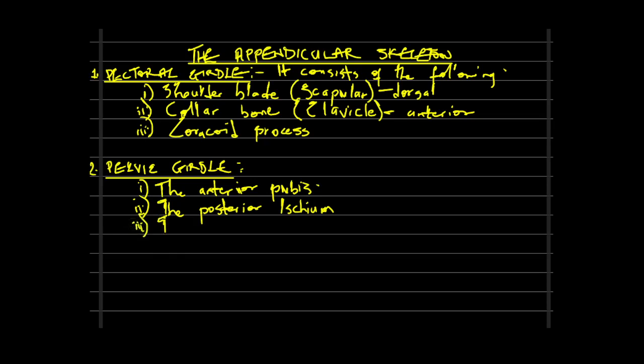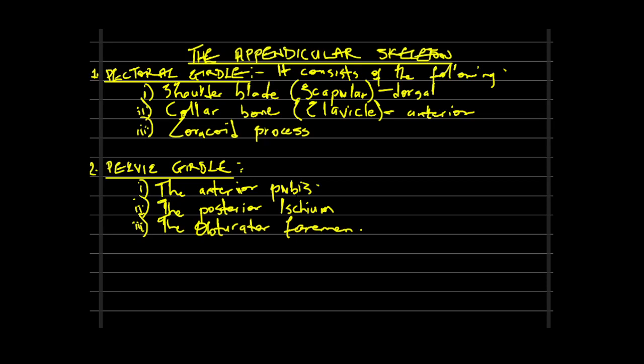And the third one is the obturator foramen. So these are the parts of the bones that make up the sacral girdle, or we call it the pelvic girdle. The obturator foramen is a hole that is found between the pubis and the ischium.